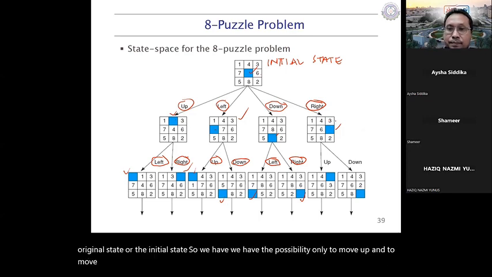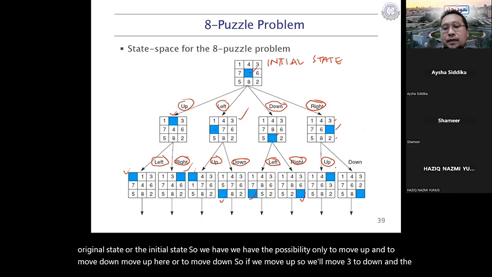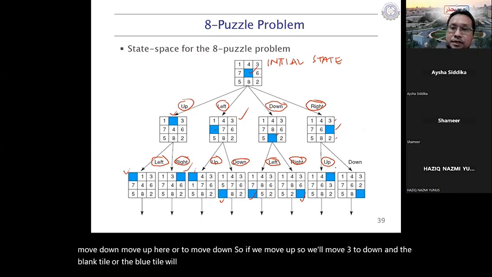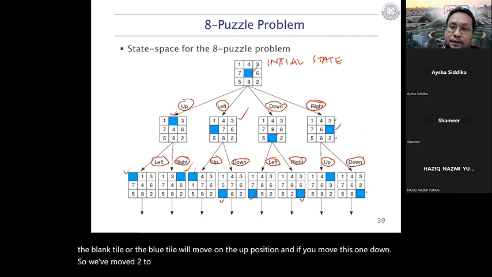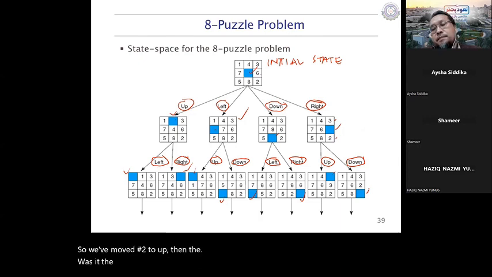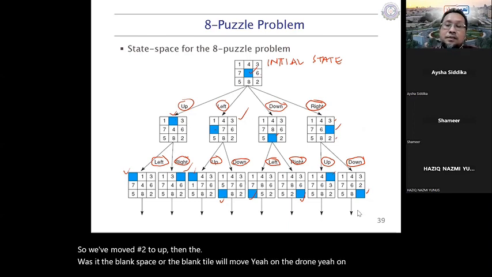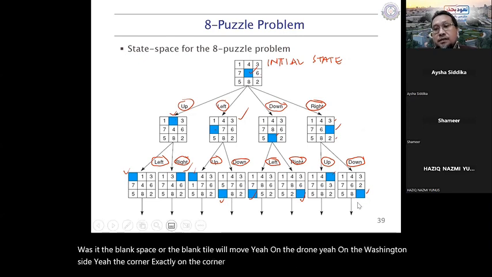If we move up, we move number 3 down, and the blank tile, or blue tile, moves to the up position. If we move down, we move number 2 up, and the blank tile moves to the down side, exactly on the corner. Still, it doesn't reach the goal.